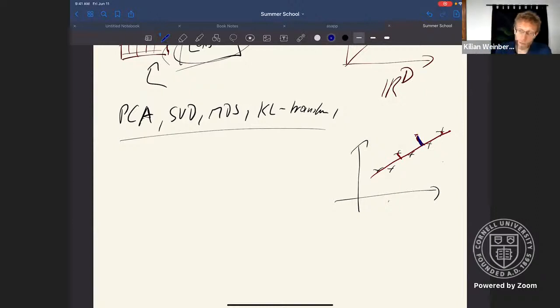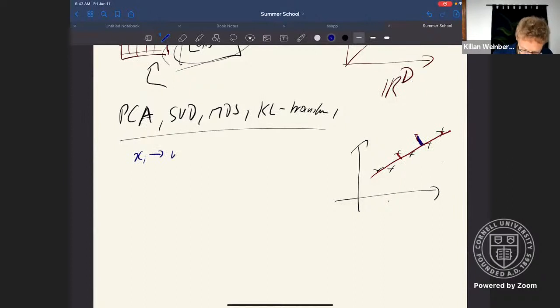Ultimately, the design constraint here is that I'm trying to find a linear subspace, some dimensions, that explains most of my variance and captures most of my data. Let me give you a one-line derivation.